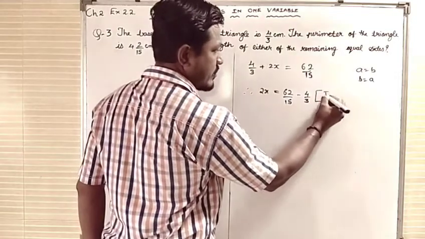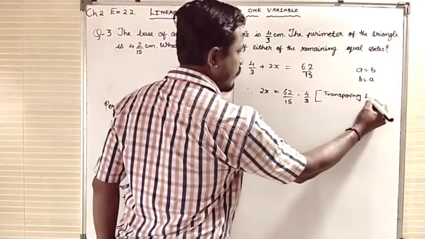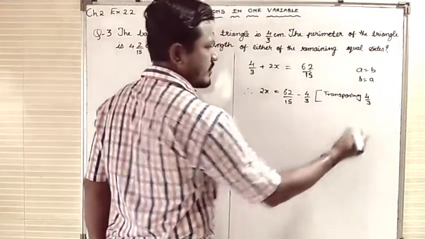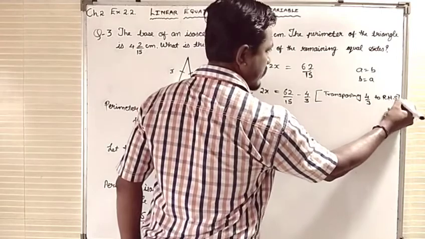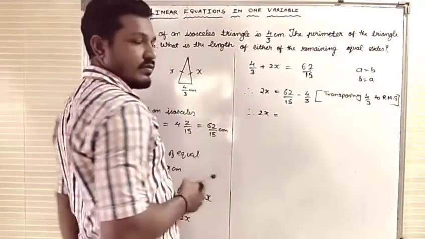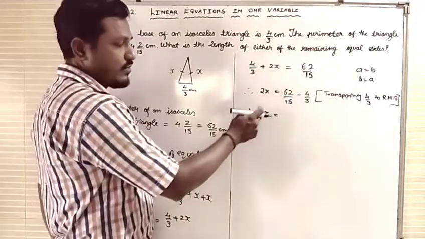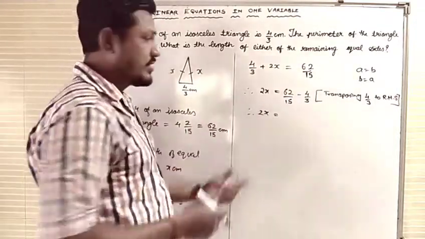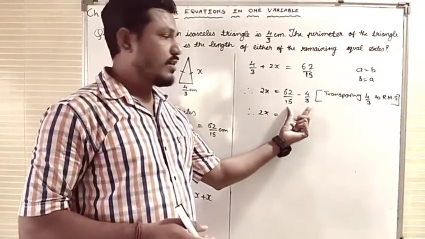So you have to write transposing 4 by 3 to RHS. By doing such, now you can easily get the value of x. It will be clear for you now what to do.